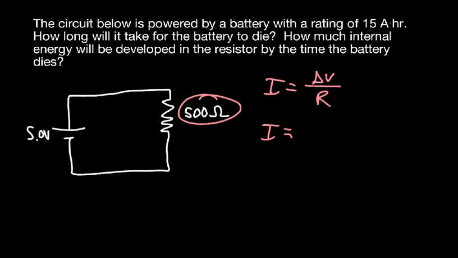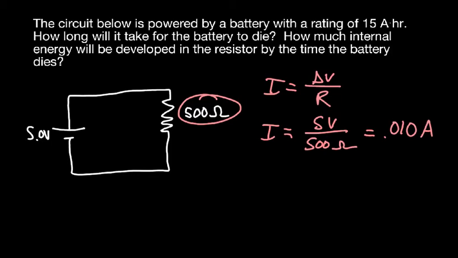We know it's 5 volts from this side of the battery to this side. We have nothing but wire connecting there, so 5 volts from here to here as well. Wires all the way along here. So 5 volts across that battery divided by 500 ohms gives us a current of 0.010 amps.